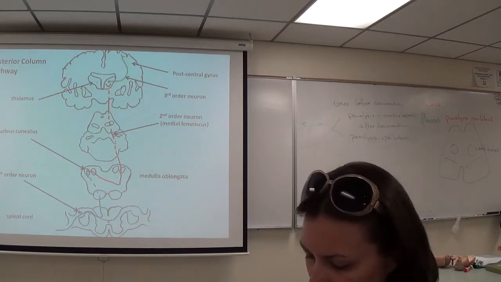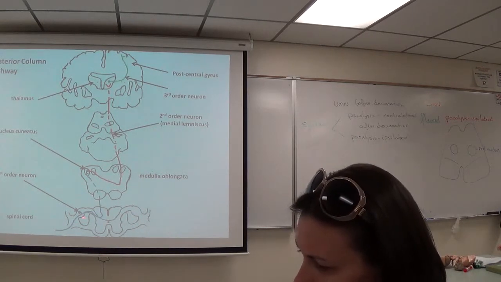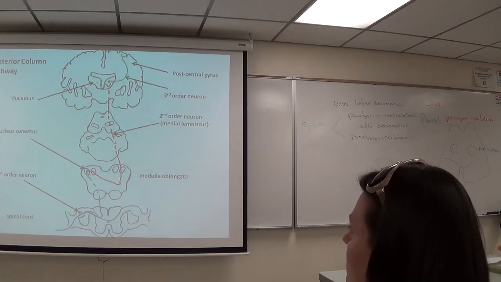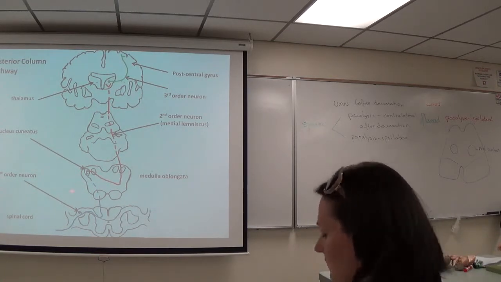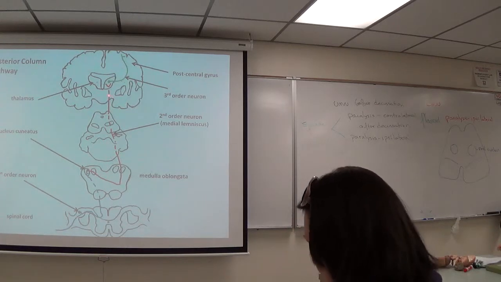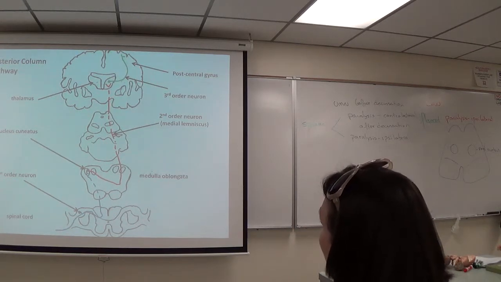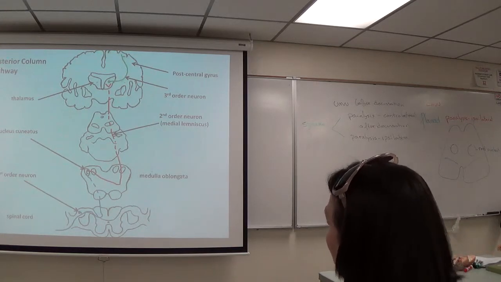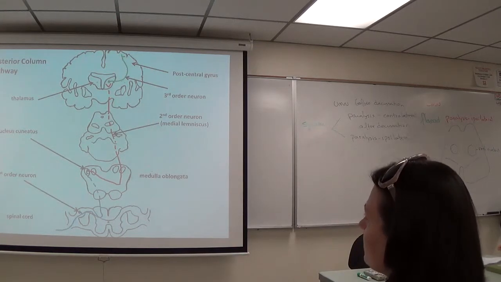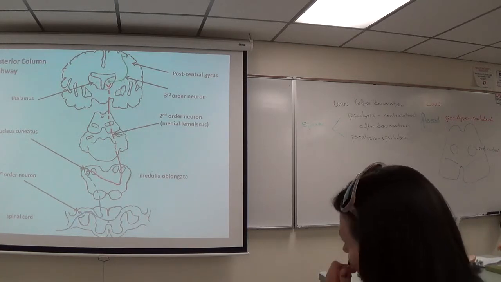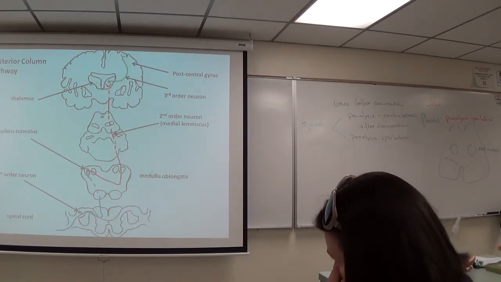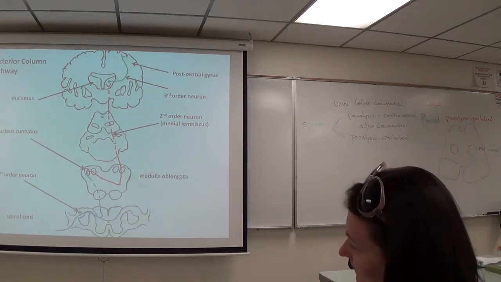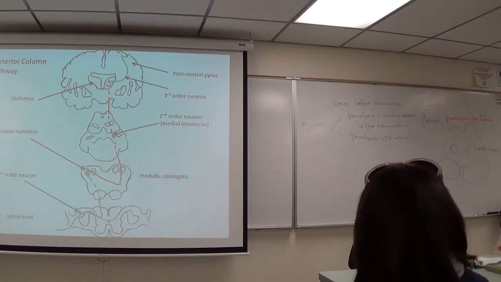For the posterior column pathway, you're going to identify dorsal root ganglion, nucleus cuneatus gracilis, and I don't ask you to distinguish between them, medial lemniscus, thalamus, and postcentral gyrus. If it was a motor pathway and you were drawing the cortical spinal pathway, then you would be identifying cerebral peduncle, medullary pyramids, anterior gray horn, ventral root, and precentral gyrus.